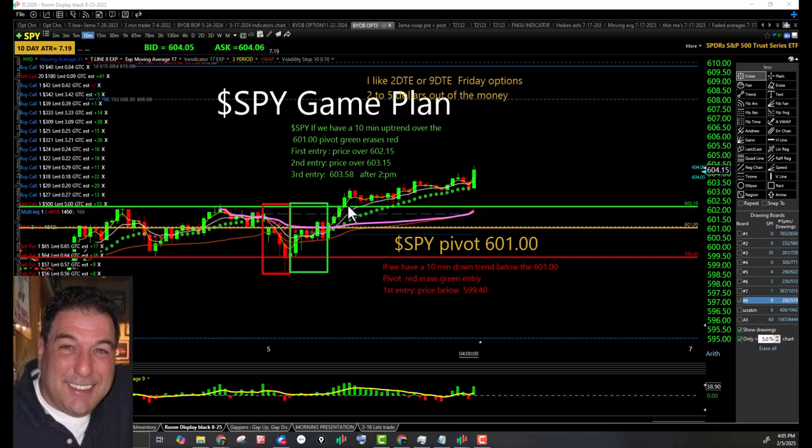Green price action came right back up here and wiped out the red. That was our bullish entry right up there. You can see price action took us up to 604. I gotta say, it's a nice recovery again today. A little melt up right through here, a lot of consolidation right through here. Looked like we were stuck. But if you looked at the chart and you remembered my saying, consolidation over prior consolidation is a bullish environment.